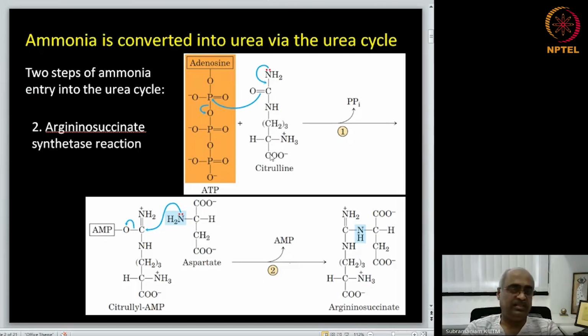Here we are seeing that reaction as an independent reaction. This is again activated by combining with AMP, adenosine monophosphate.